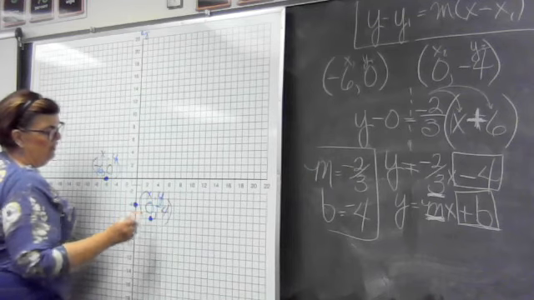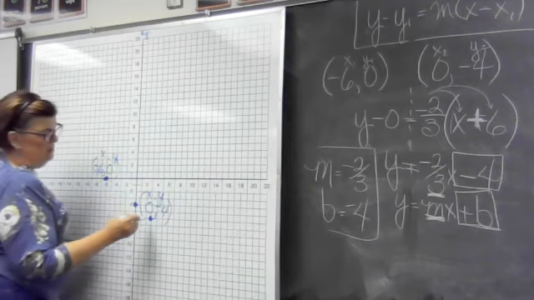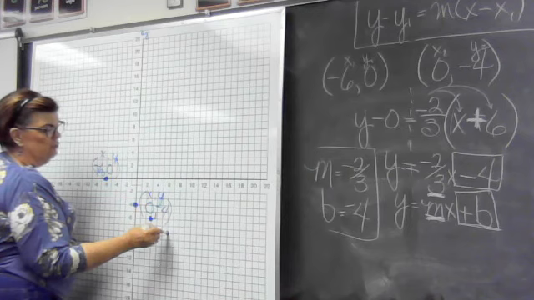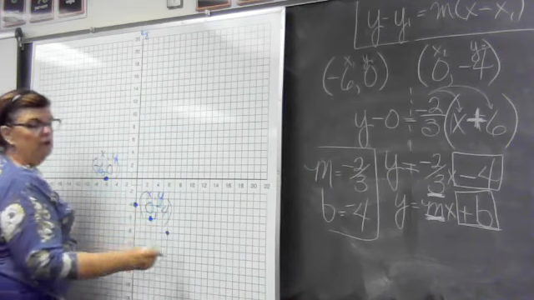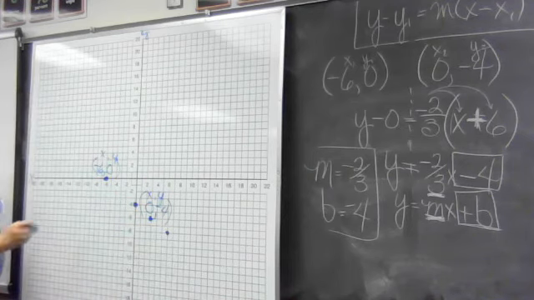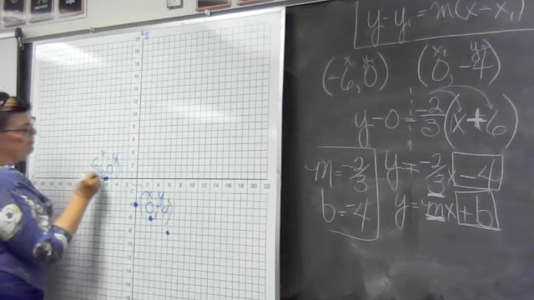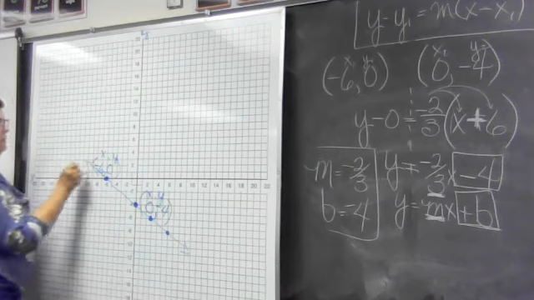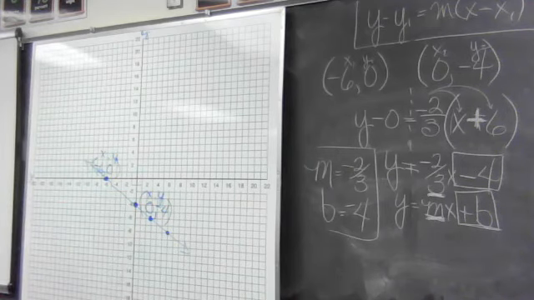So there's a point. I can actually do the slope again. 1, 2, 1, 2, 3. I can do it as many times as you want to because all of the points will be on the same line. See? A linear equation. The points will always be on the same line no matter what you do.